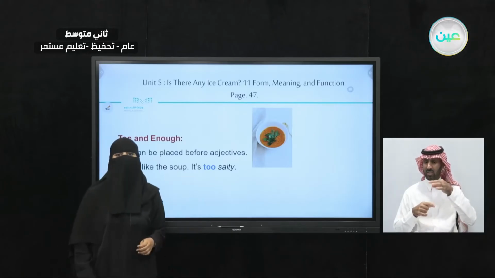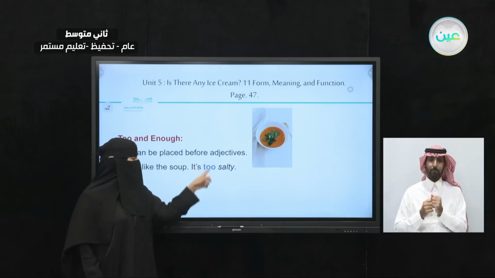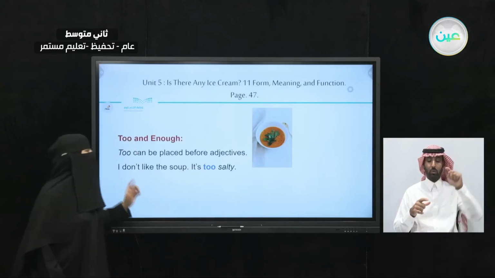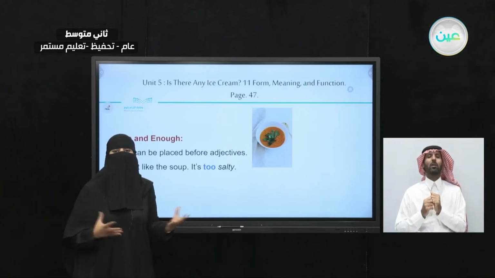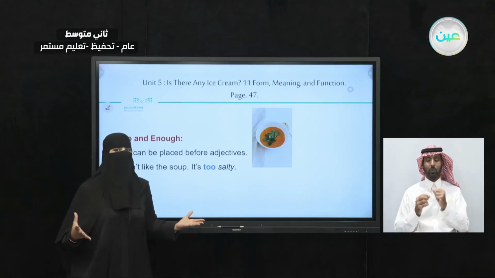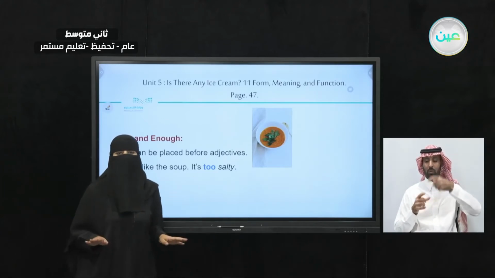Because it's too salty. Now, here we have the word too. So, too and enough, too can be placed before adjectives. It's too salty. How can we describe the soup? It's salty. So, here, the word is of exaggeration. It's too salty. That's why I don't like it.